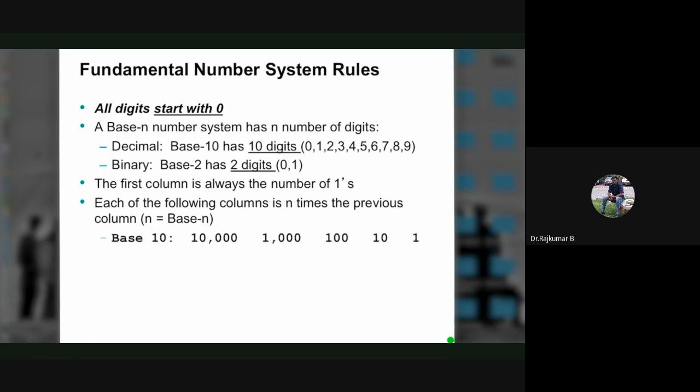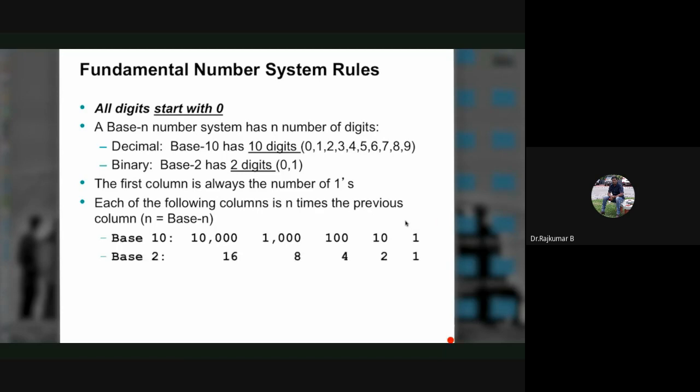Let's take a look. In base 10, the column of ones, our rightmost column. Base 10, the next column would be 10 times 1, or 10. The next column would be 10 times that, 10 times 10, or 100. The next column, 10 times 100, 1,000, and so on.